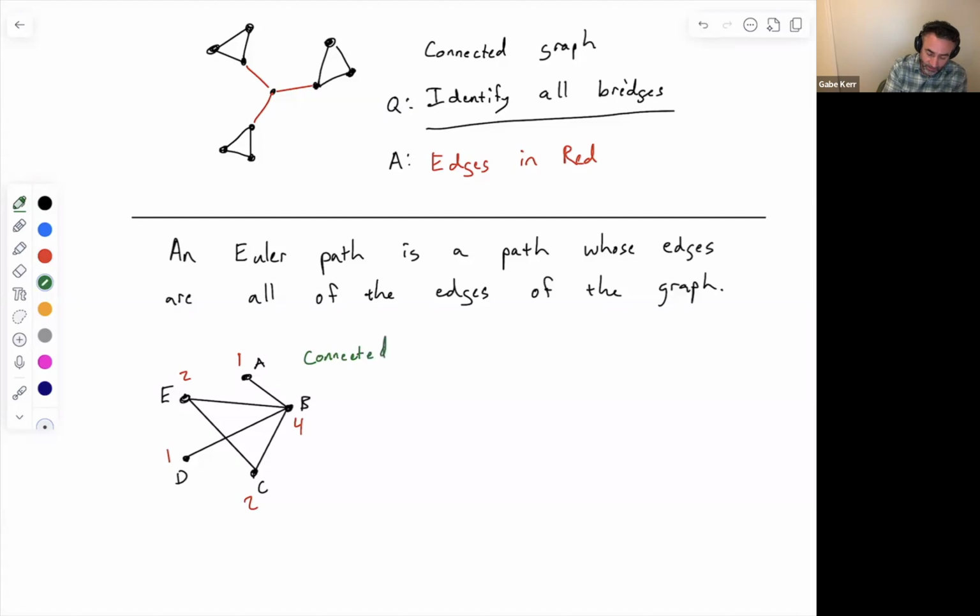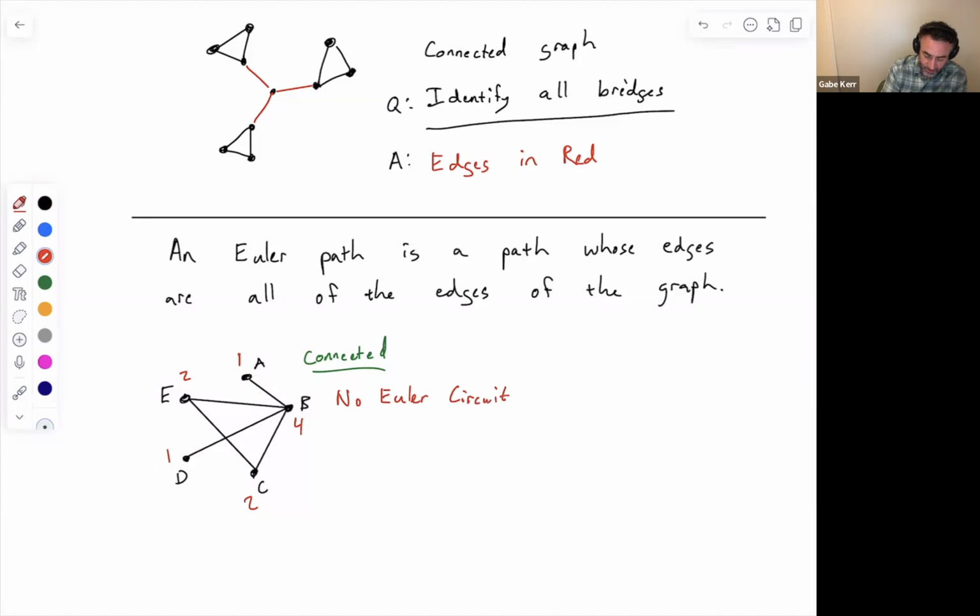And then B, if I'm looking for an Euler circuit, I need every single vertex to be even, meaning that the degree of every vertex is even. I'm out of luck. These guys are odd, A and D. And so I have a couple of odd vertices. I definitely don't have an Euler circuit. So no Euler circuit for this guy.